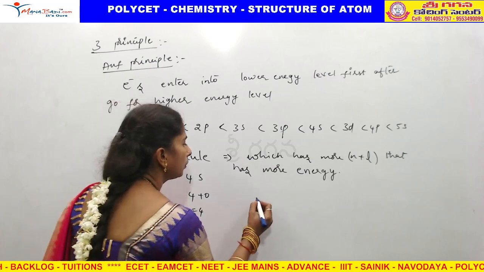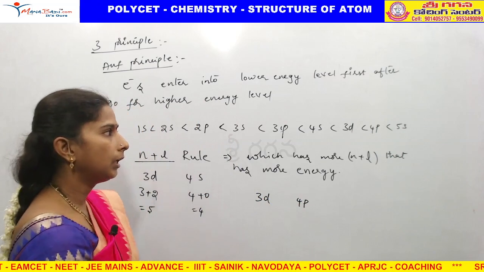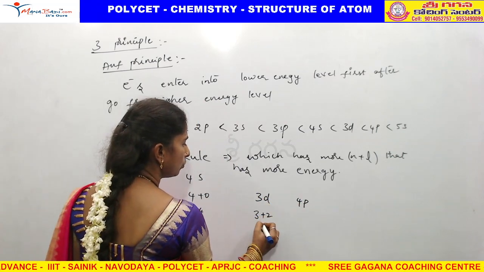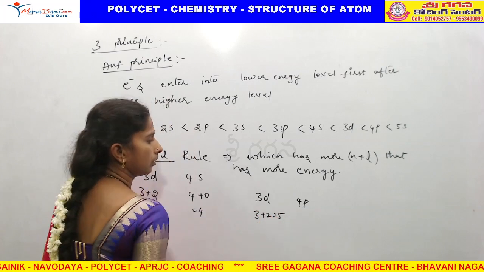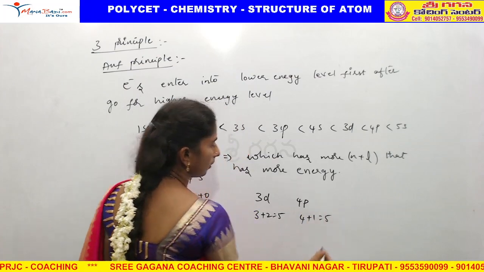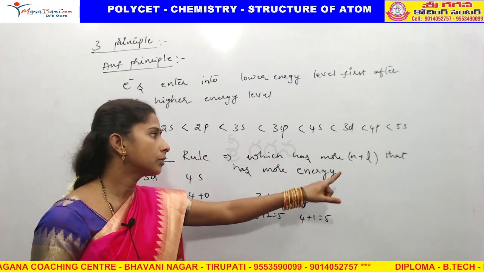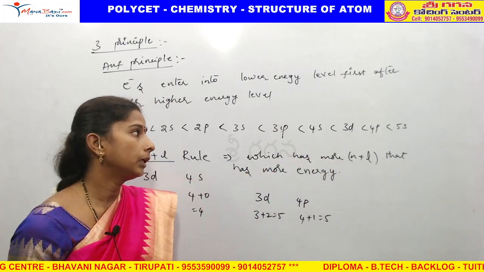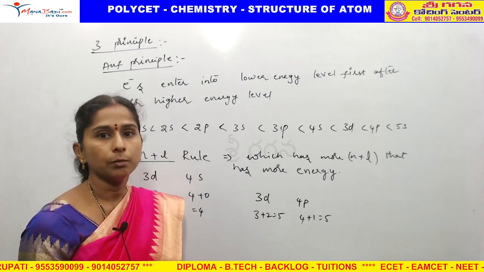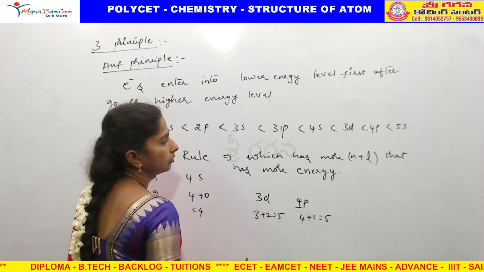Now come to 3d and 4p. 3 plus 2 is equal to 5. For 4p, 4 plus 1, that is also 5. Both have the same value. But according to this rule, the one with the higher n plus l value has more energy, and here both are the same. Here we need to consider the n value.